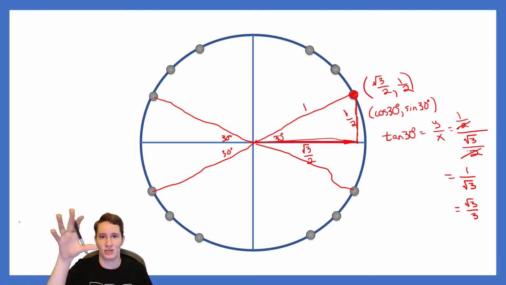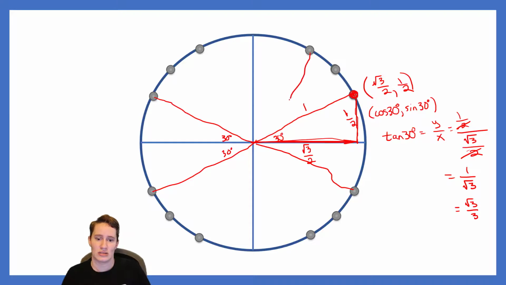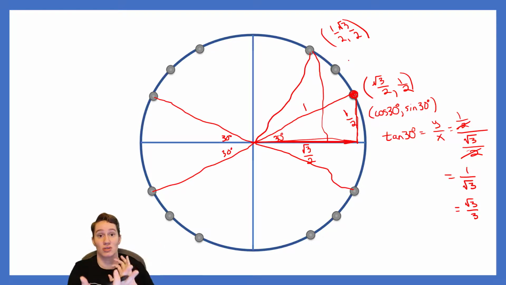So that would do all of our 30-degree angles. And then just by rearranging this triangle, we'd have our 60-degree angles from up here. That's beautiful, right? So we could basically say this is 1/2 comma square root of 3 over 2 because our 60 degrees down there, we'll just switch the two sides, switch their places.